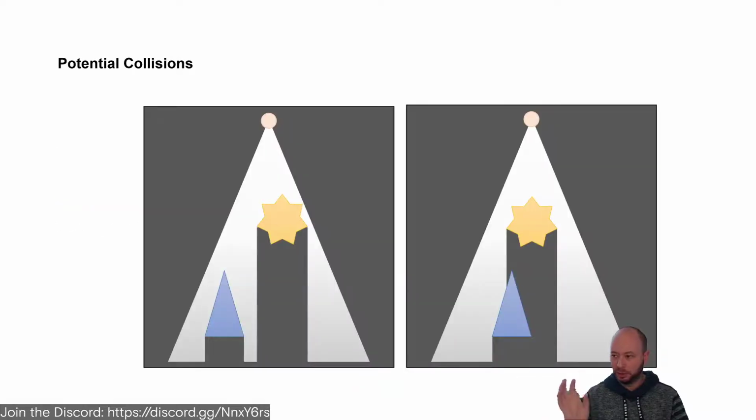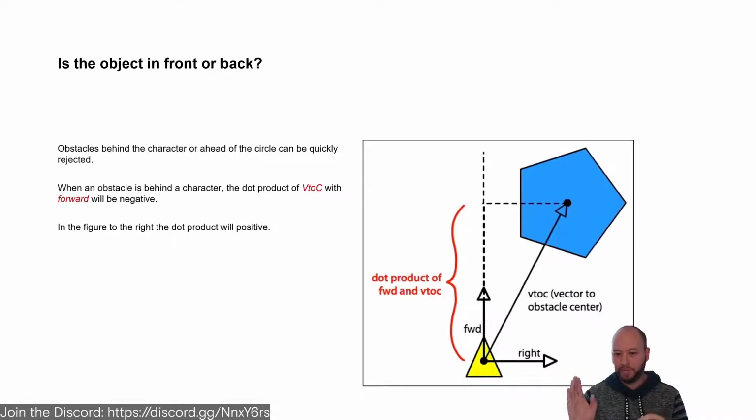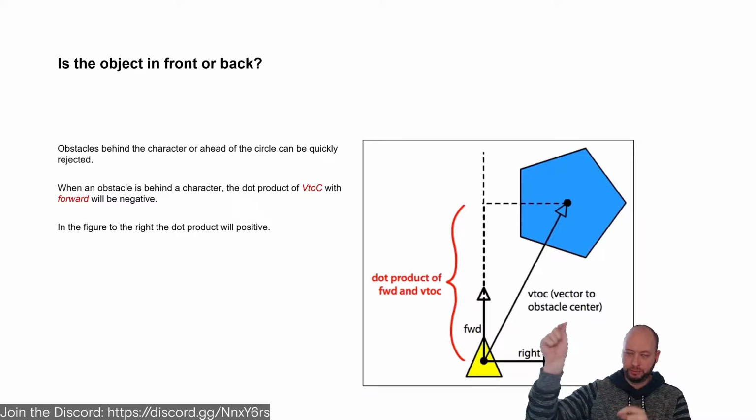To do multiple collisions, all we have to do is that projection test for each one of them. In theory, you could combine them if you want, but it's easy enough to just do this. Another thing you can do, if you only want to worry about the obstacle in front of you, is use the dot product to project that V2C vector onto our forward vector.